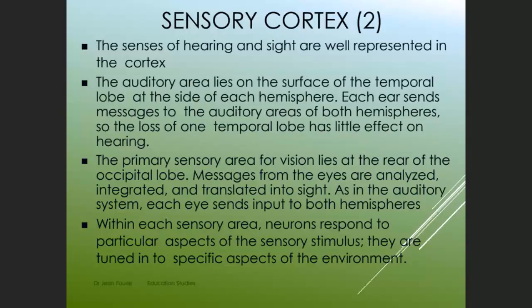For vision, your eyes perceive the light, and the nerve from your eyes goes right to the back of the brain where the occipital lobe is situated. Each eye sends input to both hemispheres, so the right eye sends messages to the right and the left occipital hemispheres.